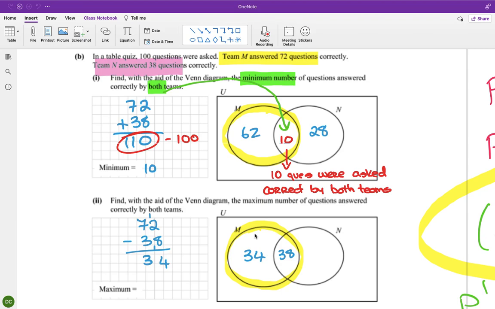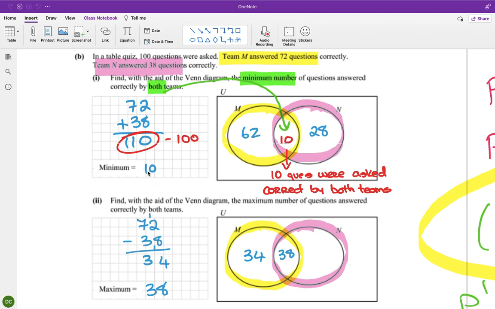Looking here at team N, inside that pink circle we have 38 questions answered correctly, 28 of their own and 10 that they shared with team M. In the second one, they answered 38 questions correctly, none of their own. All 38 that team got right, the other team also got right. So that is the maximum I can put in the intersection.